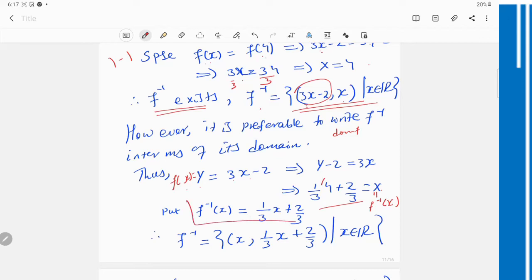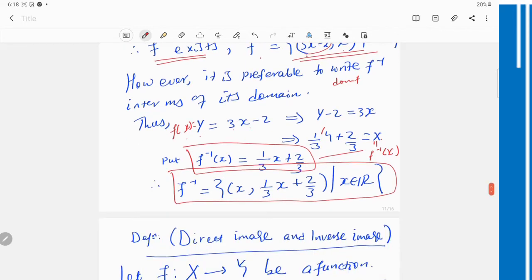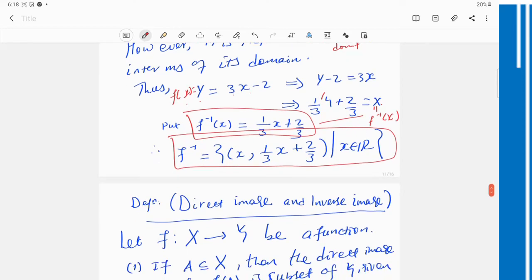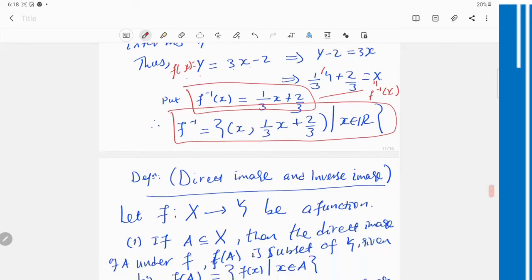That's how you get this one. So this is our inverse of the function f. This is a formal way of writing the inverse function, and it is advisable to use always, because it helps you to find the domain, range, and everything easily.